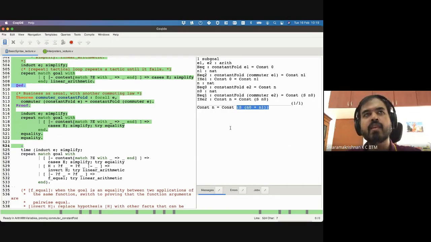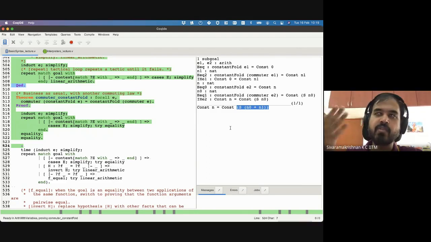There are two things to be done, as we have previously seen for conjunction and disjunction. When conjunction appears in the hypothesis, we have to use a different tactic from when the conjunction appears in the conclusion, because they mean two different things.